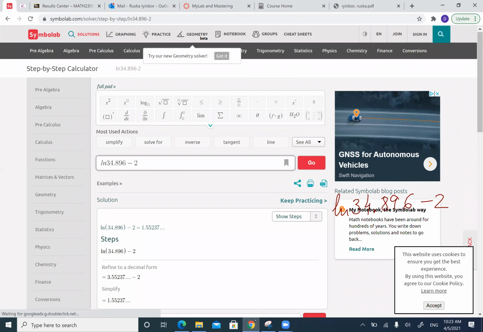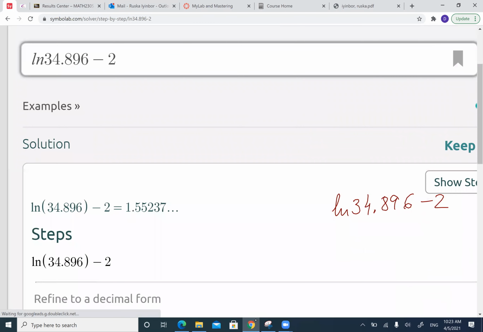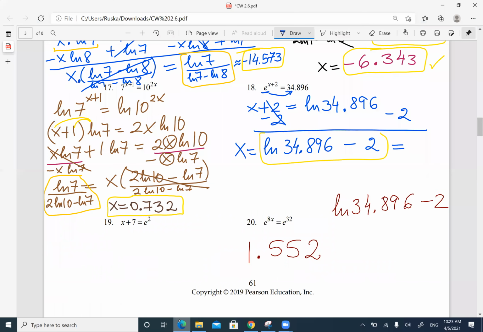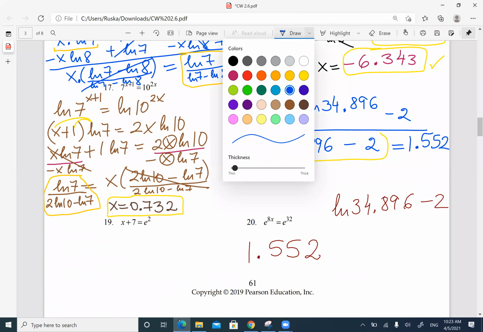And the answer is 1. We're going to round to 3 decimal places, so it's going to be 1.552. After 2 is 3, so we're going to keep it like that. Okay, and that's my answer here, 1.552. Okay, any questions?